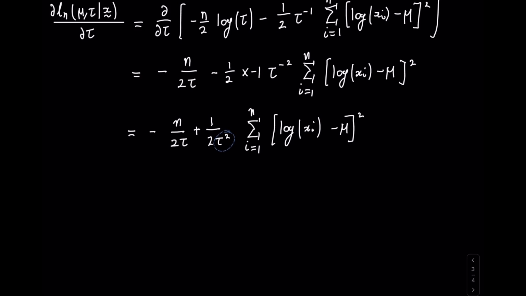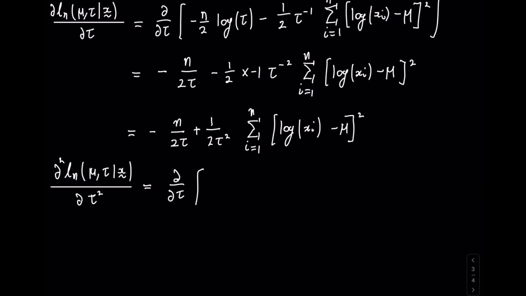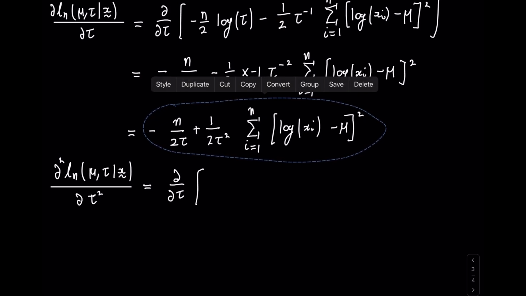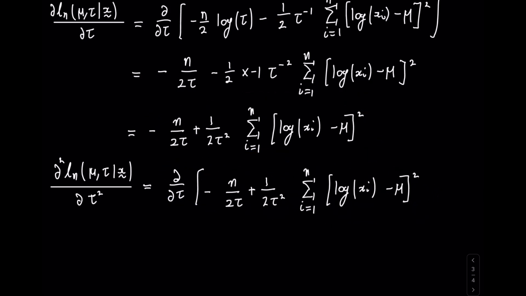So now that we've accomplished that, let's take the second derivative. And so the second derivative, l n of mu, tau, given our data, second derivative with respect to tau is equal to the derivative d on d tau of the term we just came up with. Copy that across.